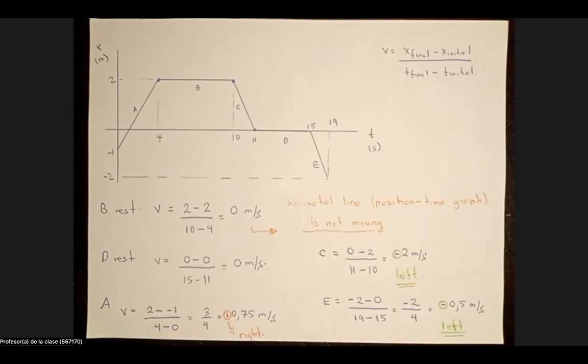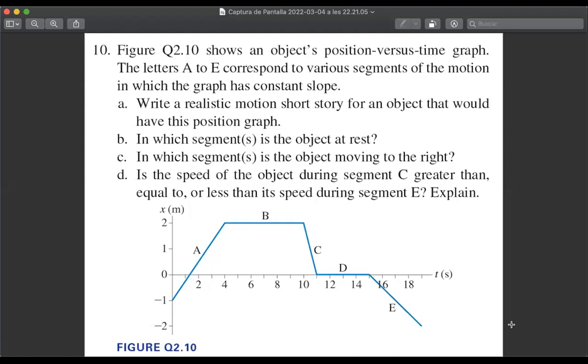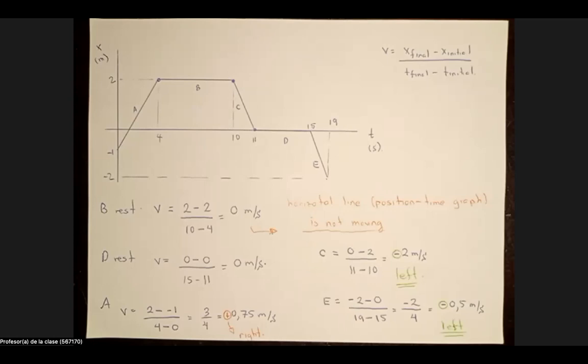Very good. So the next question is: is the speed of the object during segment C greater than, equal to, or less than its speed during segment E? Explain. I already calculated this.